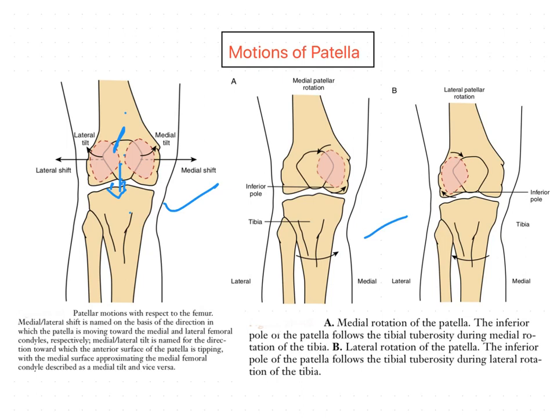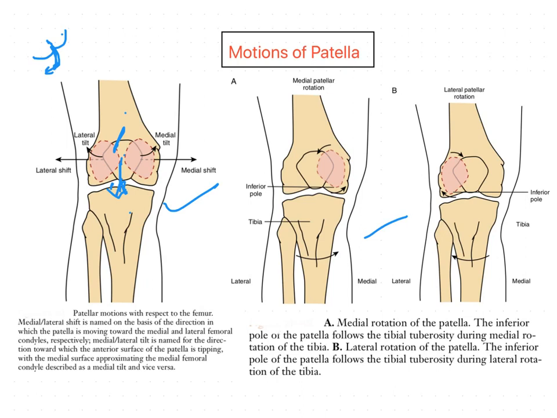So as we know, the patella on the femoral condyles moves inferiorly and glides posteriorly. This sagittal plane rotation of the patella, as the patella travels down the intercondylar groove of the femur, is termed patellar flexion.